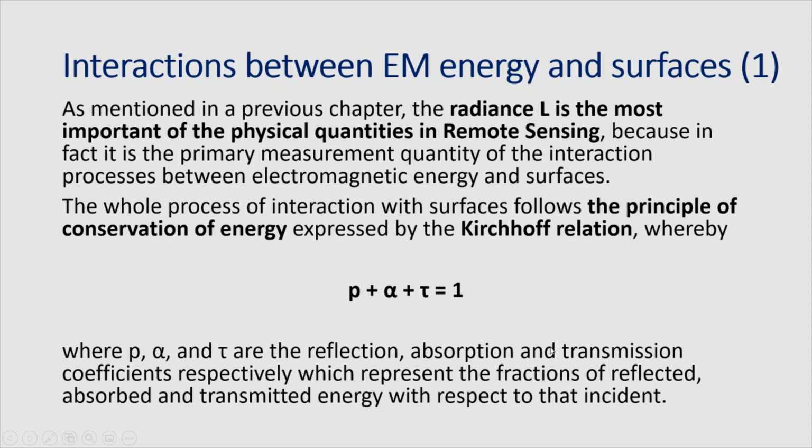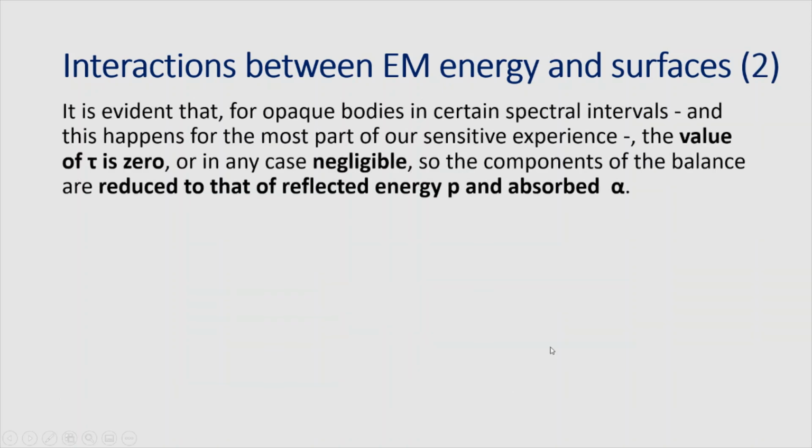It is evident that for opaque bodies in certain spectral intervals, and this happens for most of our sensitive experience, the value of tau, the transmission coefficient, is zero, or in any case negligible.